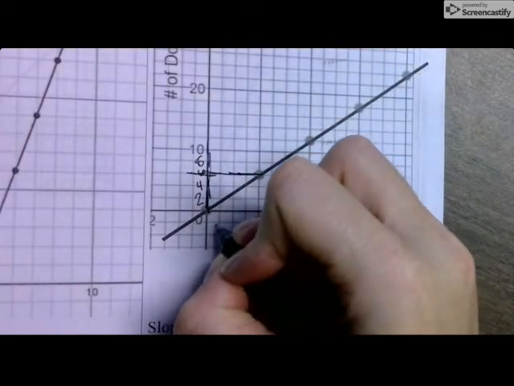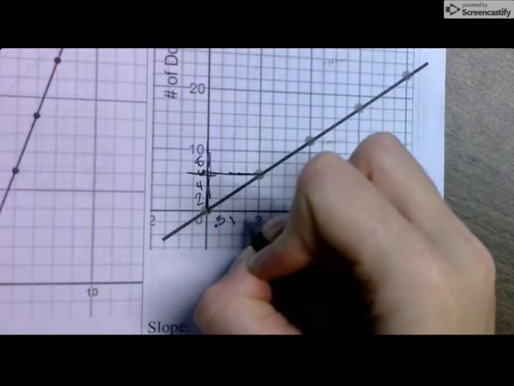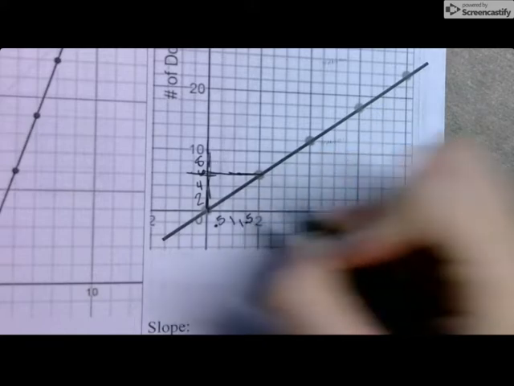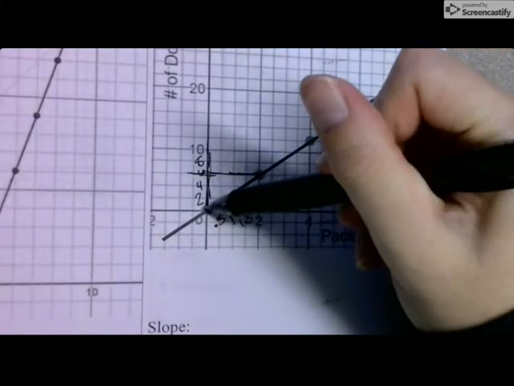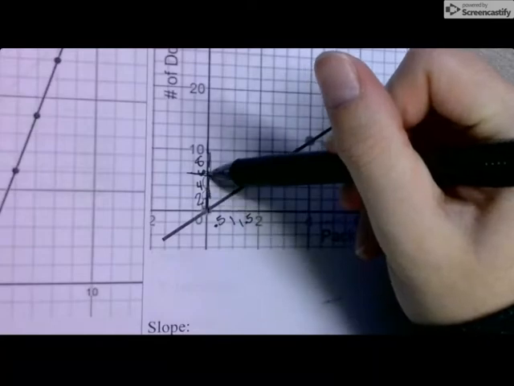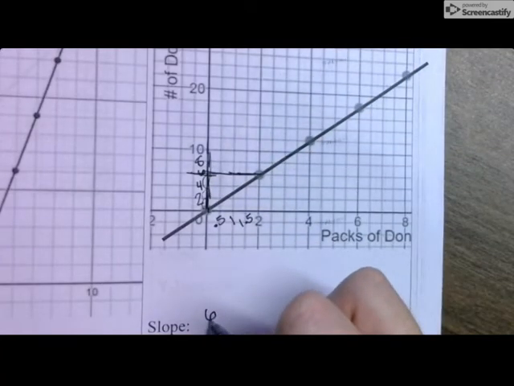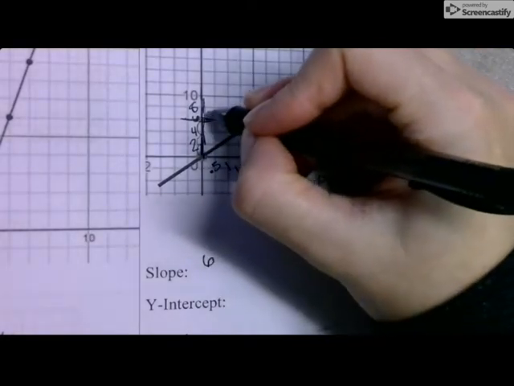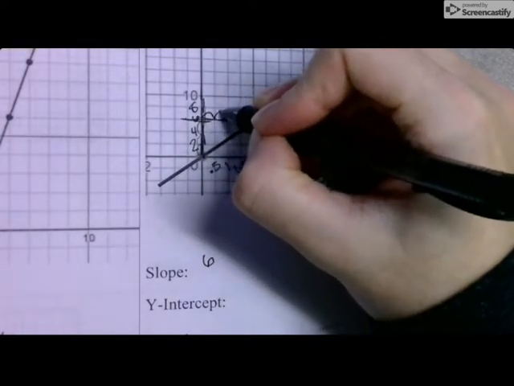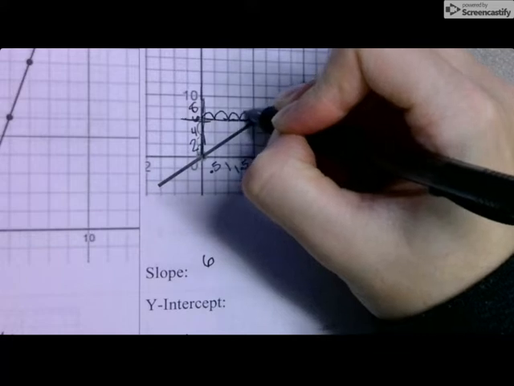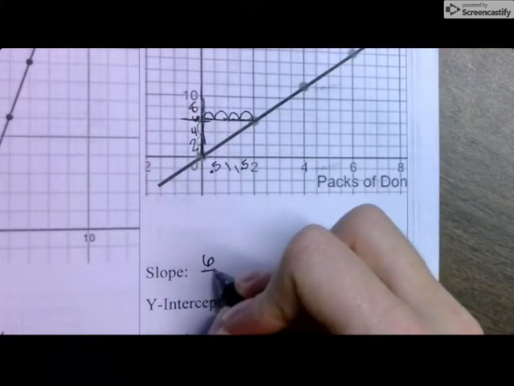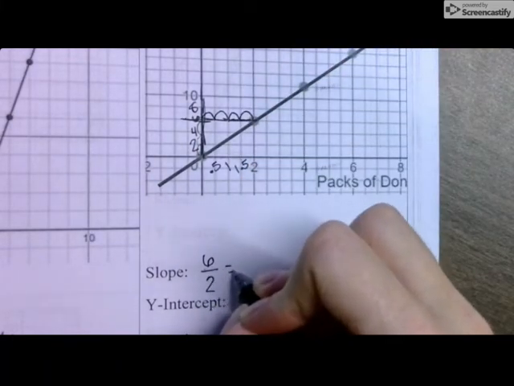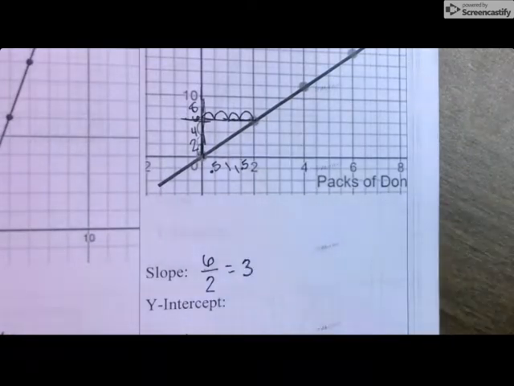So if you want to get technical, these are going by 0.5s. So I'm going up 2, 4, 6, and over 0.5, 1, 1.5, 2, which is 3.